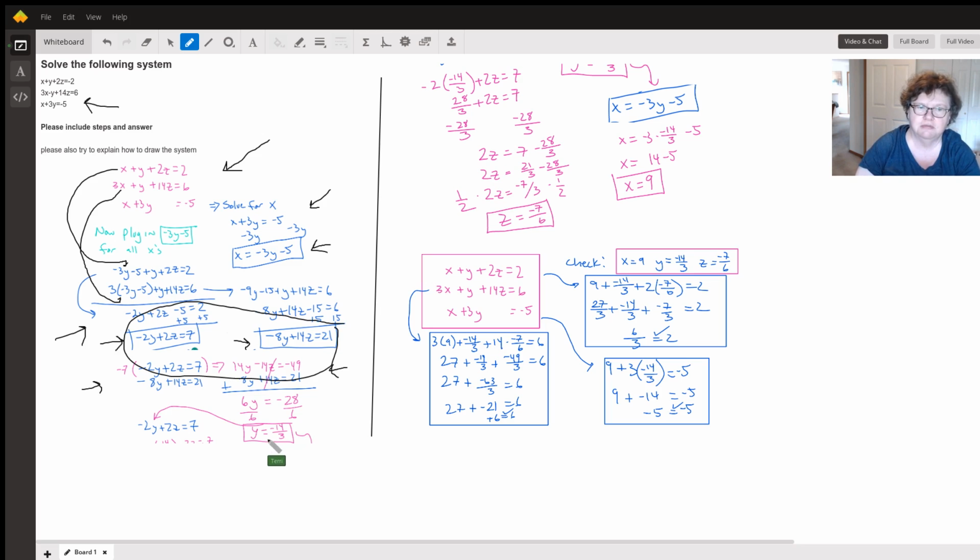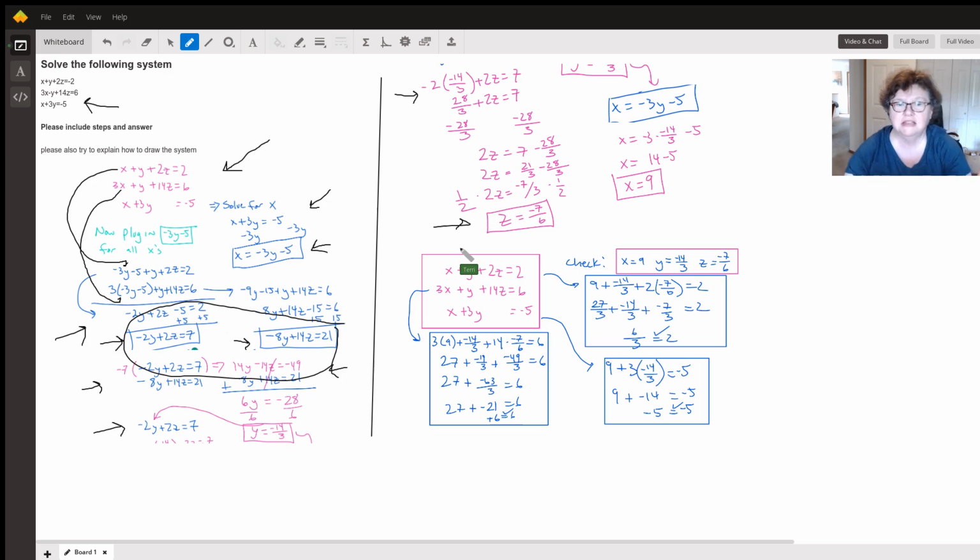So I chose to plug it into the negative 2y plus 2z equals 7. And when I did that, and then coming up here, I'm showing the substitution. Of course, you can do this on your calculator, but I just showed you getting the fractions and solving z for negative 7/3.